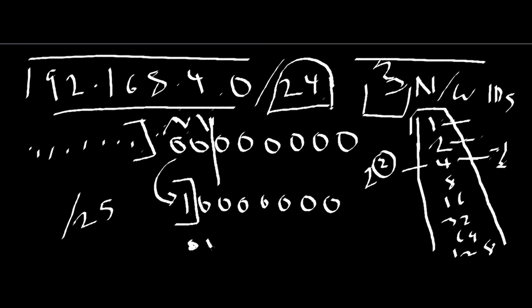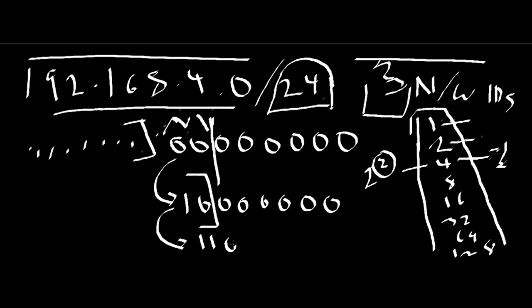But what we want is 4 IP addresses. So how about this instead? Now we include 2 bits instead of 1, which translates to 1 1 0 0 0 0 0 0.